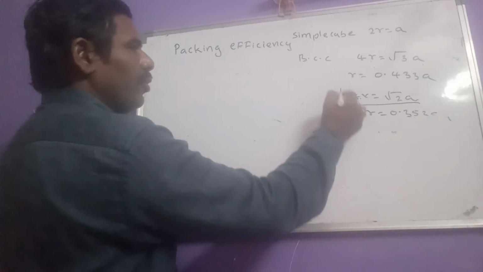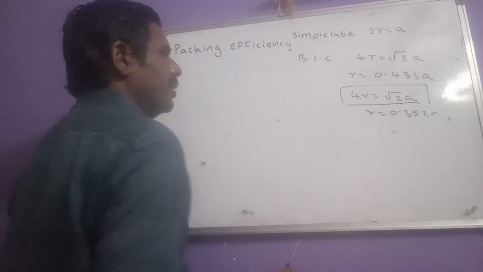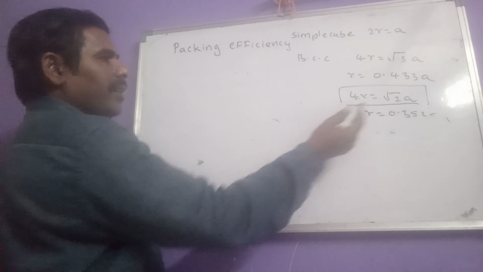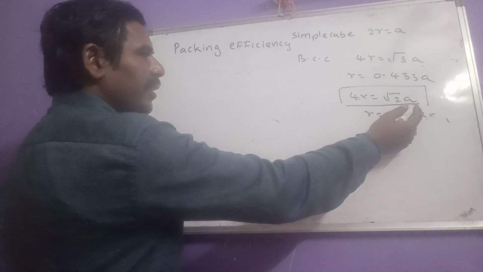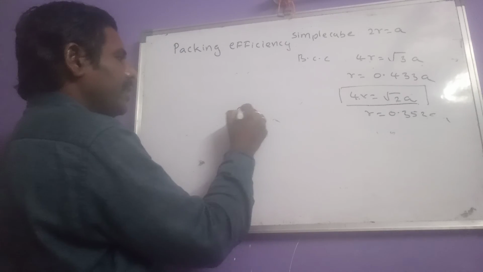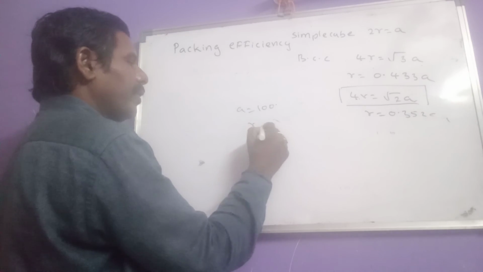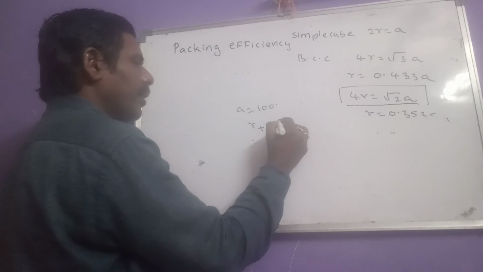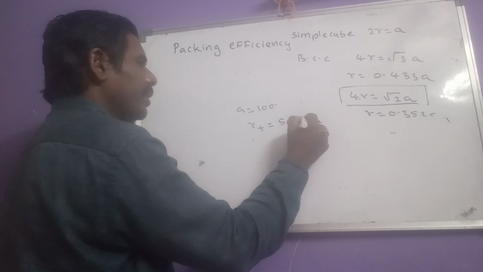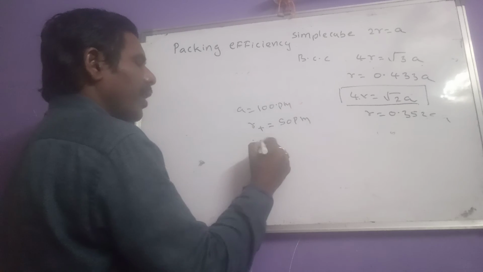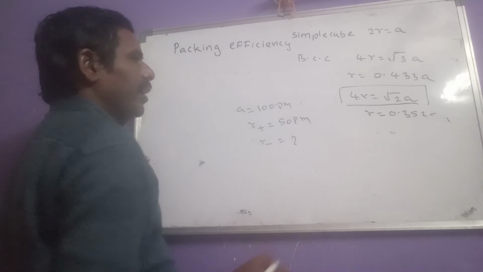Now let us go for 4R equals root 2 A type of questions. For example, if edge length is given as 100 and radius of cation is given as 50 picometers, what is the radius of anion?